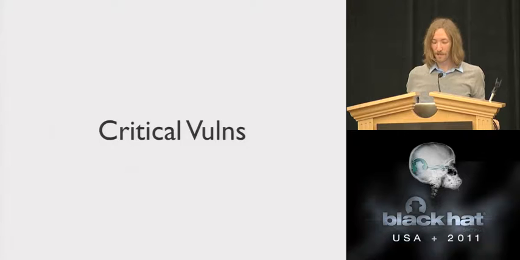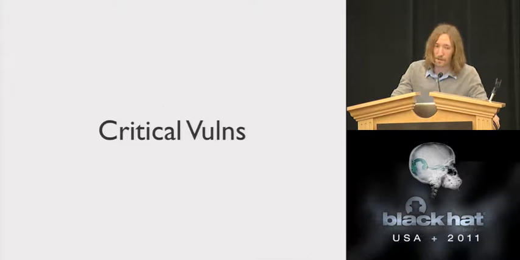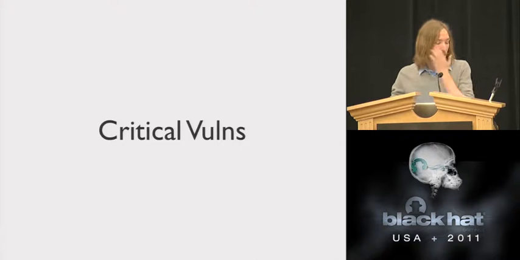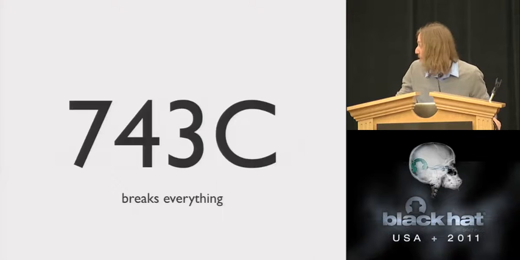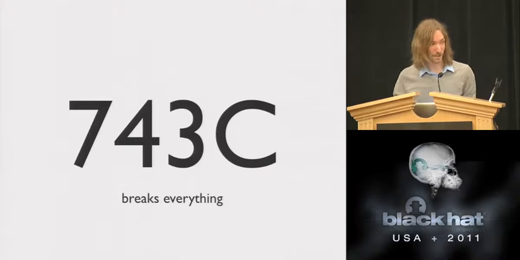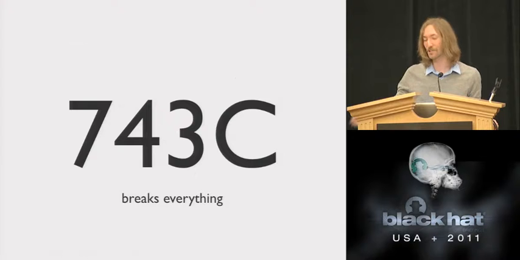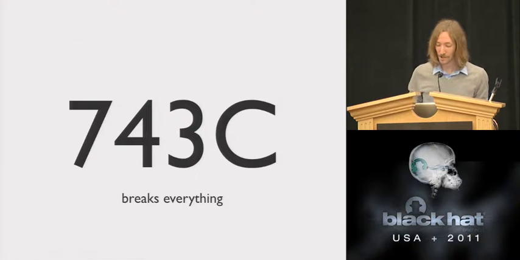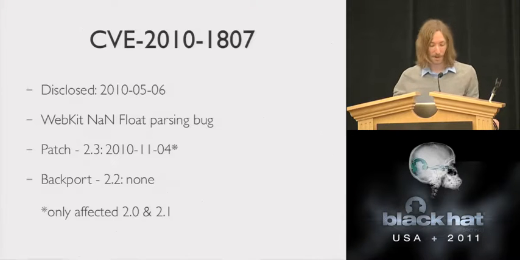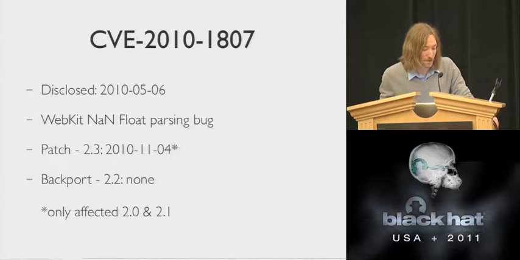So let's talk about some of the critical vulnerabilities that we've been tracking through our patches. One of the biggest critical vulnerabilities, in our opinion, is Sebastian Kramer, because he finds everything. As far as if you follow any of the Android root exploits, he's the guy who finds every single one of those. So some of the ones that we'll talk about, this is not actually one that was found by him.